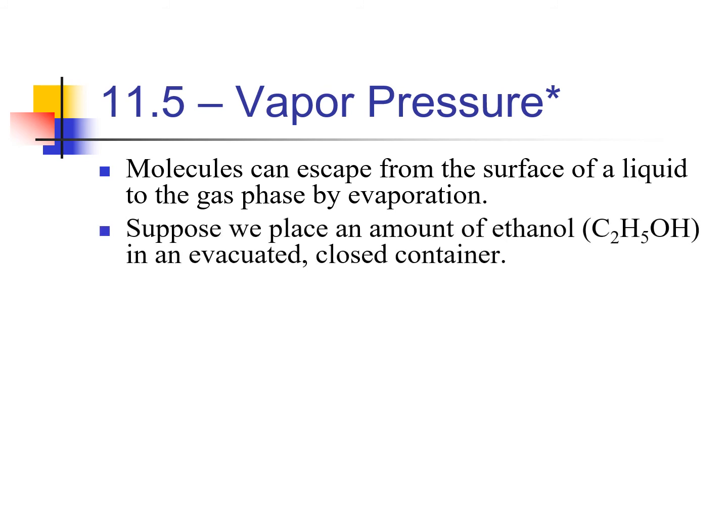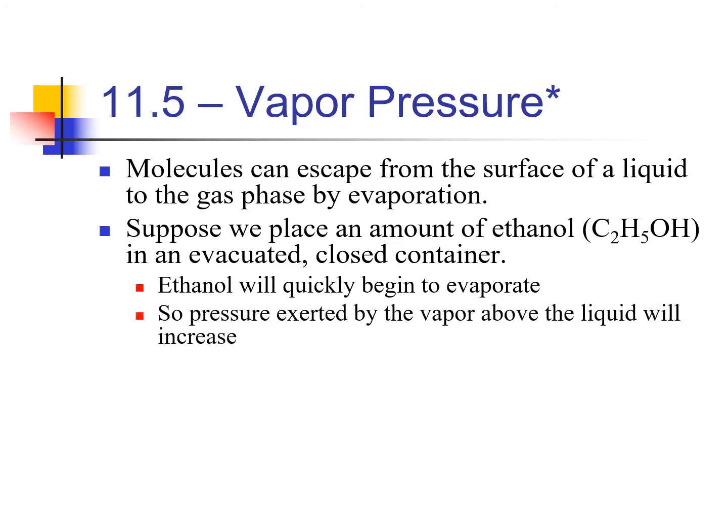Now, imagine that we take something like ethanol and we put it into an evacuated, that means nothing else is in it, sealed container. The ethanol will begin to evaporate just at room temperature. And so as it goes from a liquid to a gas, the pressure in there goes up because there's now vapor. There's gas.